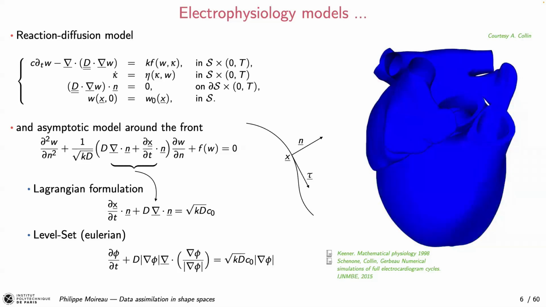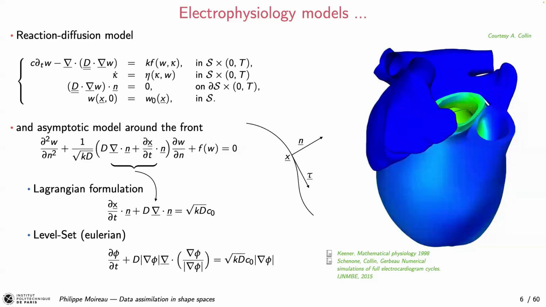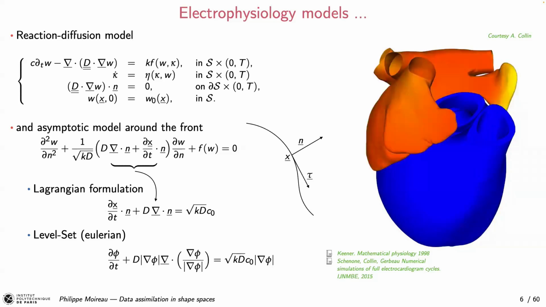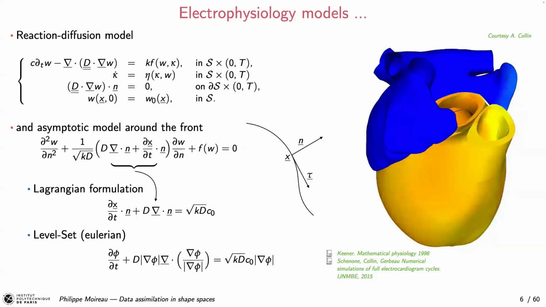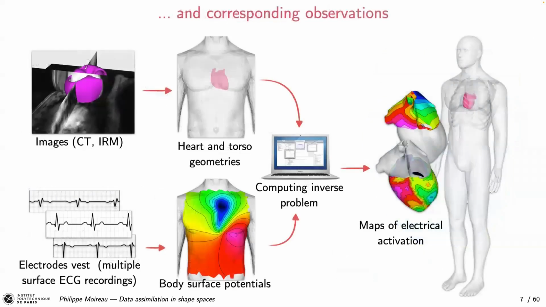Again, you will see we don't care about the model. The question is more to see that typically in the problems that I'm looking at, there are always some kind of shape structure somewhere. And what are the observations for such a problem? Typically, in the lab at Bordeaux, what they do is to record on a vest a set of electric signals that they call body surface potential.